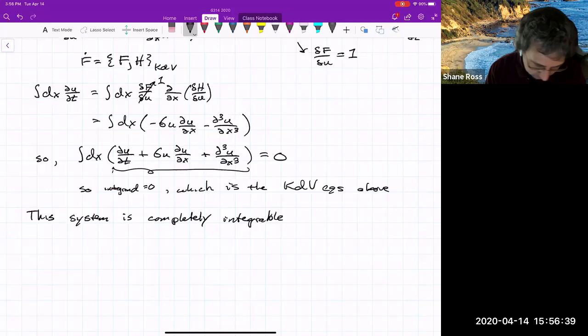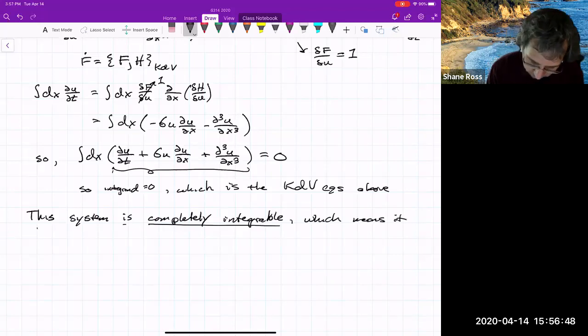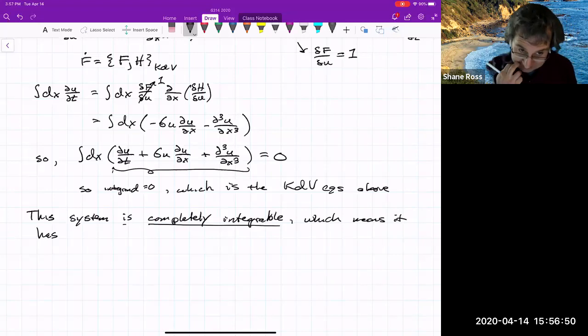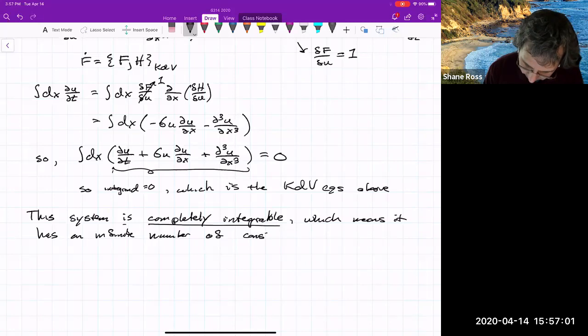Integrable, which means in this case, because it's infinite dimensional, it has an infinite number of constants of motion, or if you want, conserved properties.